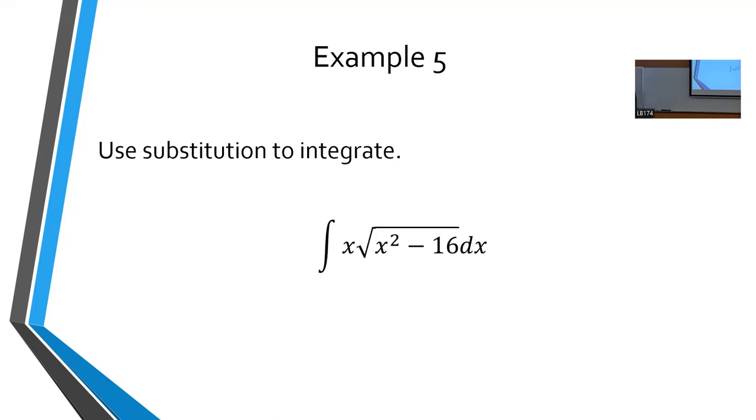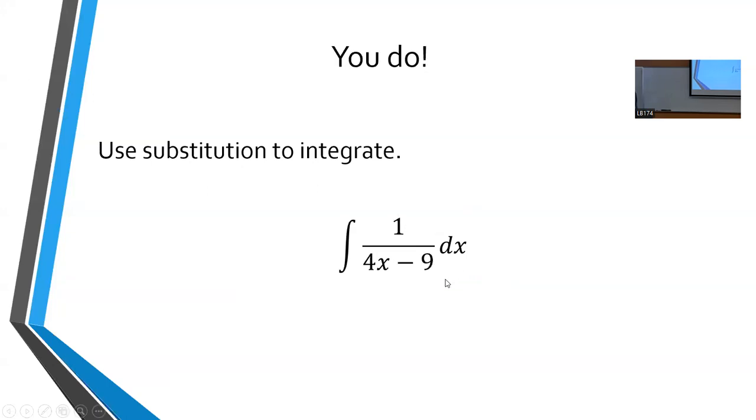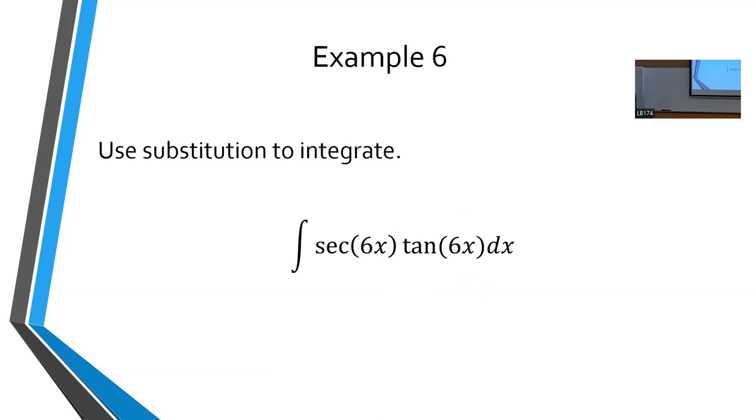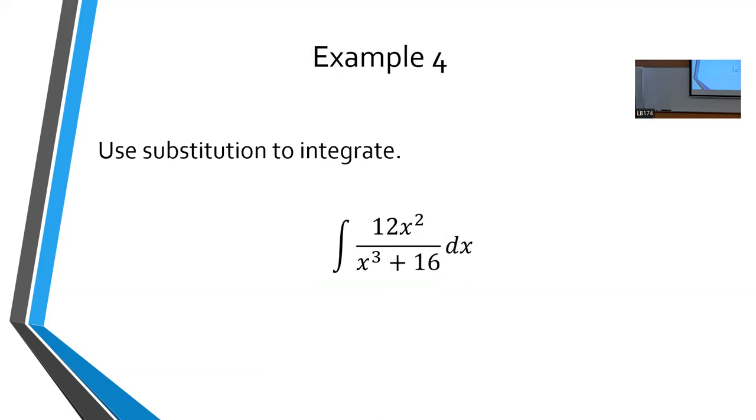So we've done a lot of these where, for instance, in this one, we made our u the x squared minus 16 underneath. When we get to a thing like this, we say, well, this denominator, 4x minus 9, is the inside function. So we'll make that the u as well.